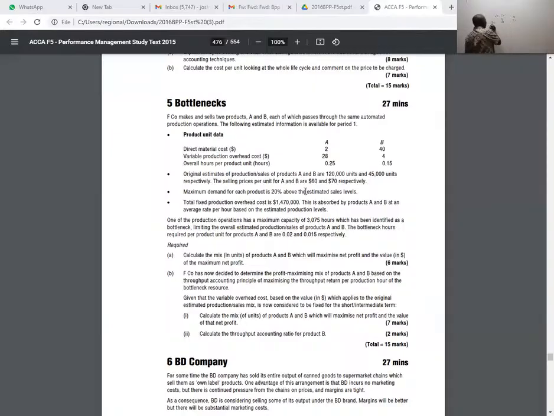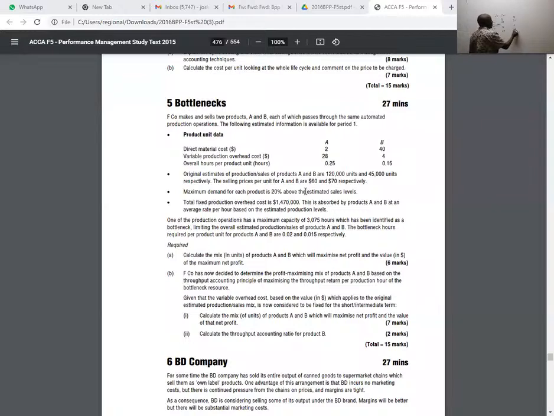Then we have the variable cost. Variable cost, we have direct materials, 240, and then I can see we have variable overhead of 28 and 4.